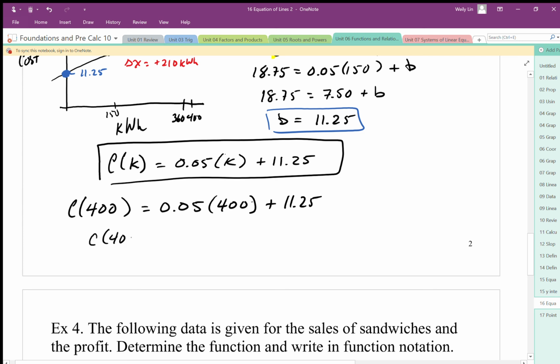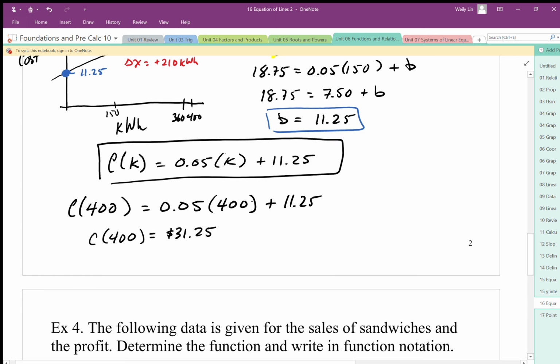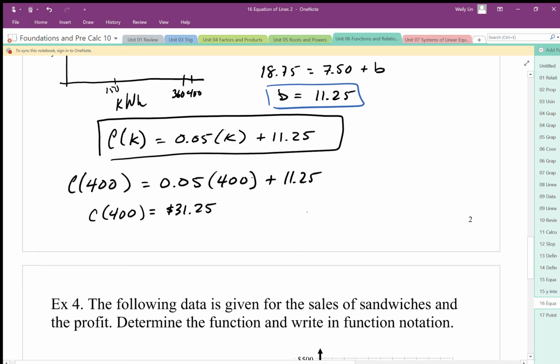Sorry, my charge is going to end up being $31.25 for 400 kilowatt hours. And so that is an ordered pair. So 400 kilowatt hours and $31.25 is an ordered pair in that relationship.